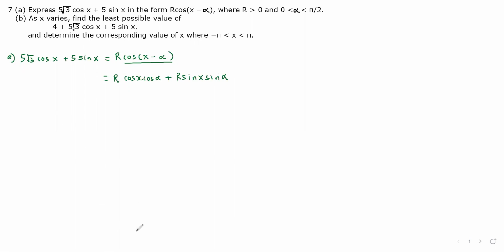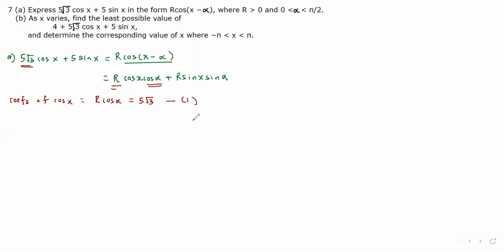Equating the coefficients of cos x, we see that r cos alpha is 5 root 3.